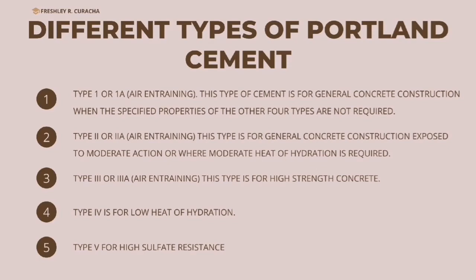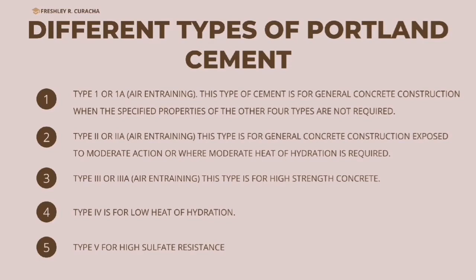So type 2 or 2A, air entraining, is for general concrete construction exposed to moderate action or where moderate heat of hydration is required. Type 2 has the same uses as type 1, along with moderate resistance to sulfates. It generates only a moderate heat of hydration and at a lesser rate.